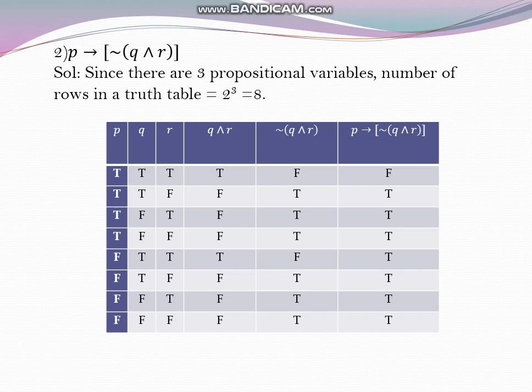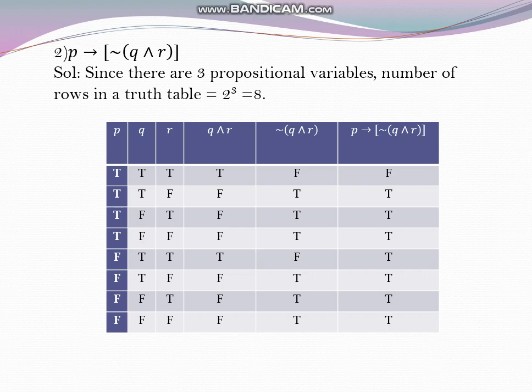So we have all possible combinations, and let us go to the first statement. Since the P statement is already there in column number 1, we will see Q and R. Then step by step we will go to the negation of Q and R, and then P implies negation of Q and R. Q and R will be true only if both Q and R are true. That means we are talking about the second and the third column, only if both are true, otherwise it is false. So we get the fourth column.